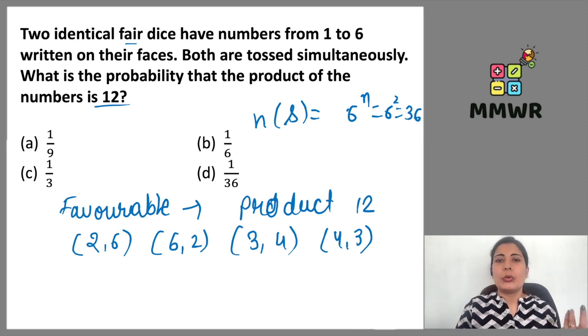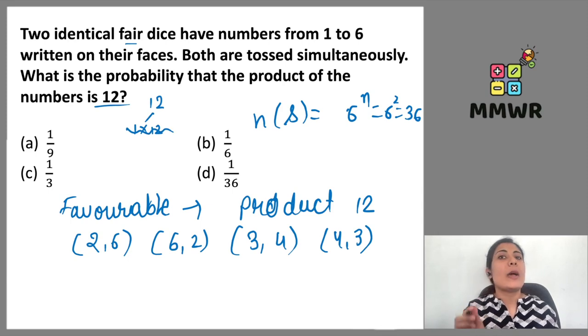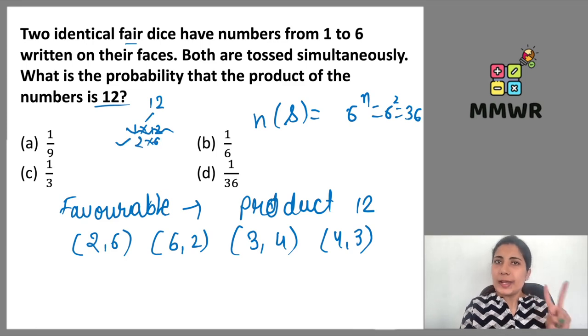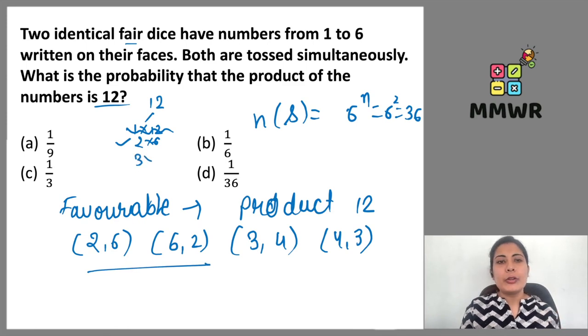नो. So we can have it in this way also, 12 के factorization करने पर. So 12 can be written as 1 multiplied by 12, but this can't be considered because 12 is not there on any of the faces of the dice. So 2 6, we can have two ways for this: 2 6 and 6 2, that we have already done. Then 3 4 and 4 3, this also we have already done.